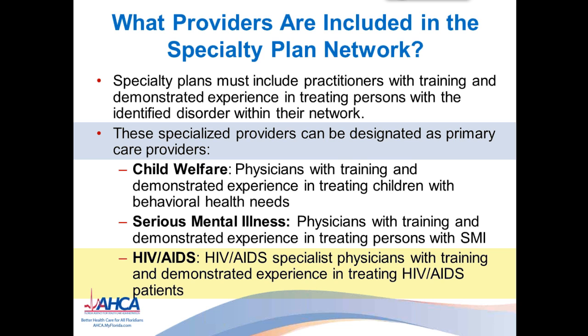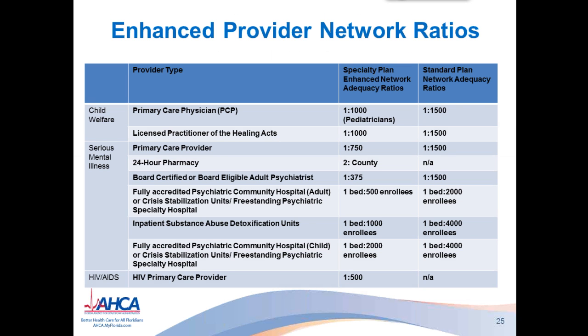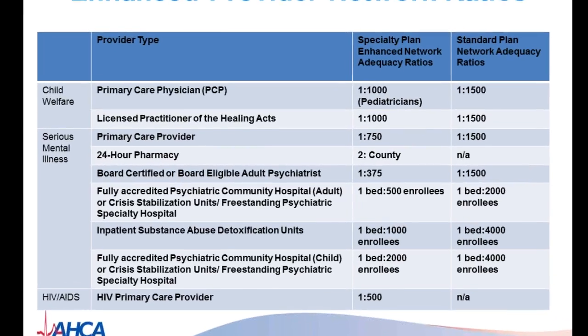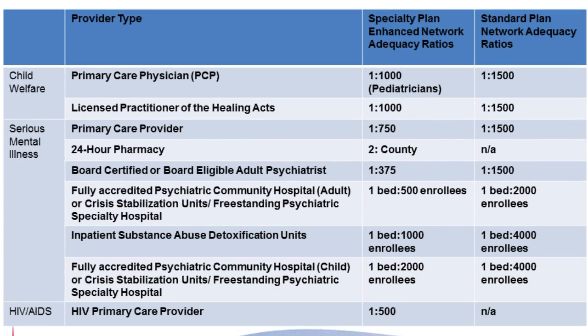AIDS recipients. This slide depicts the enhanced provider network ratios for some of the specialty plans. So as you can see, there is an increased number of required providers over the standard MMA plan network adequacy ratios.